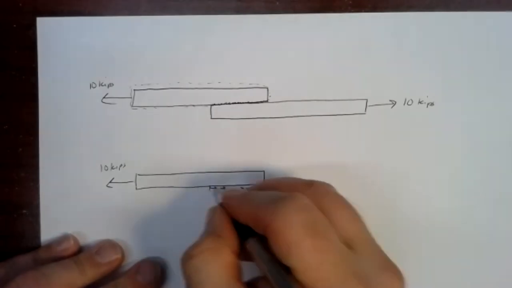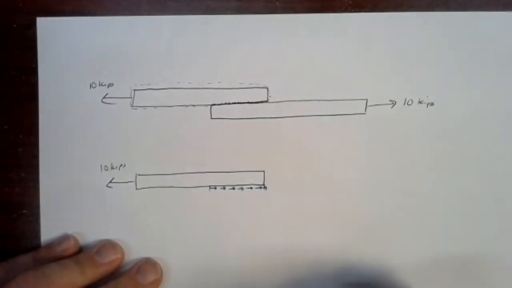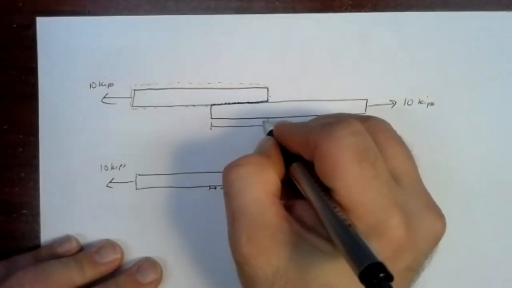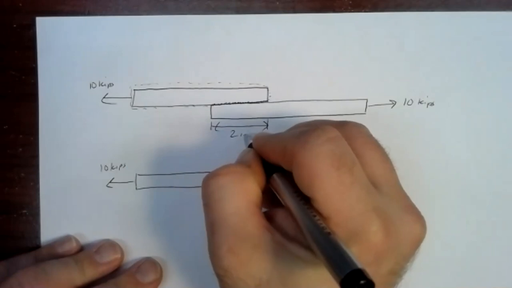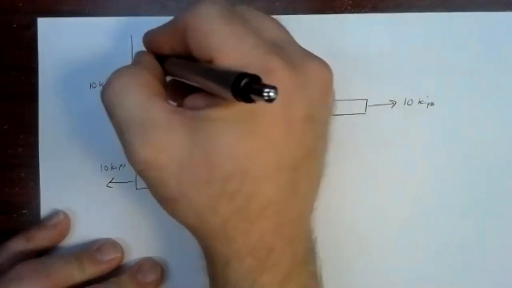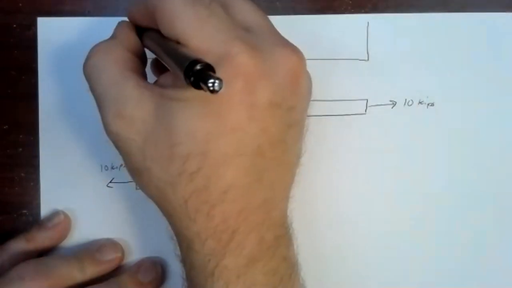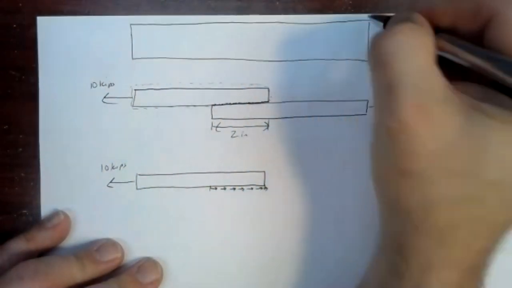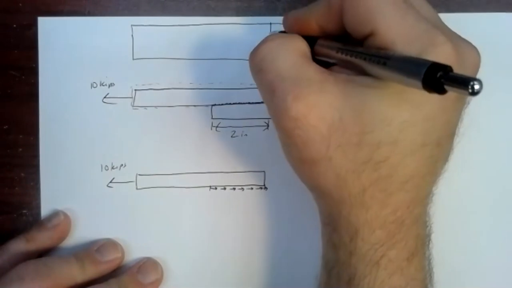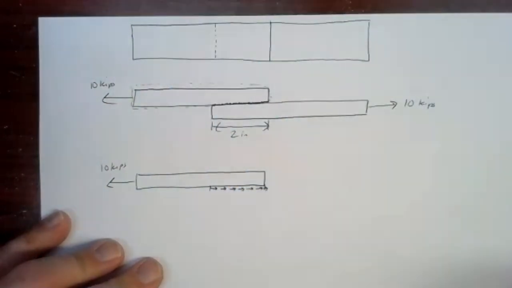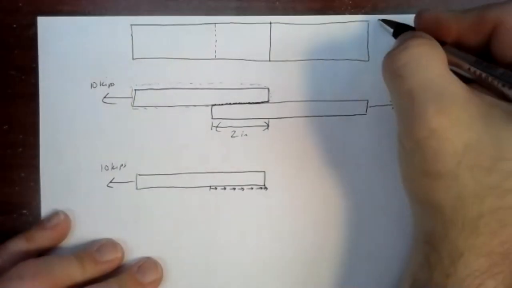So if I can figure out how much area is involved here, let's put some dimensions on this. Let's say this is a 2-inch lap. And if I draw the top view here, a little drawing review, need some hidden lines right there.